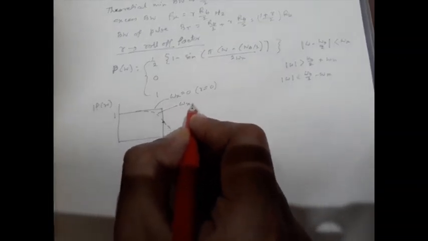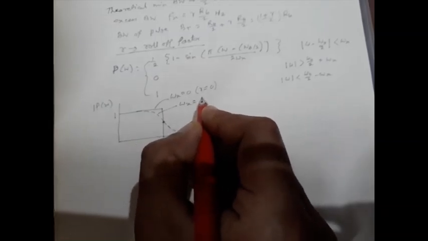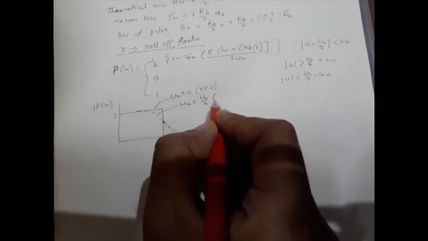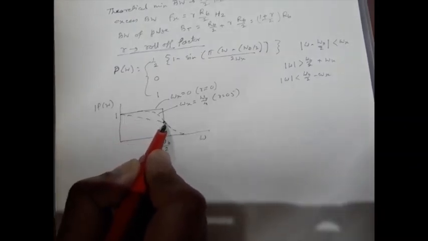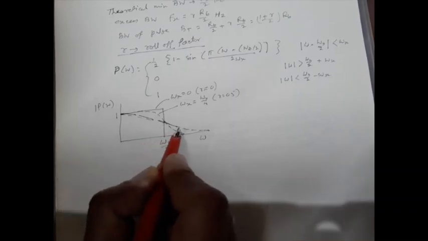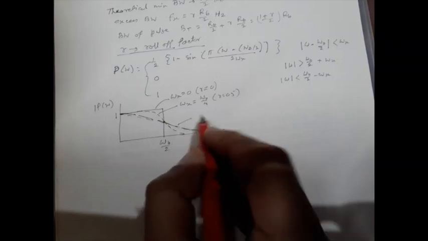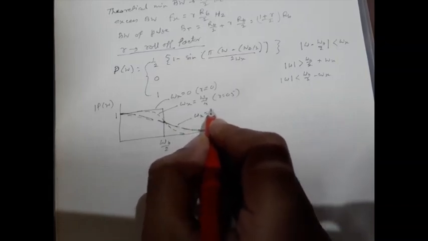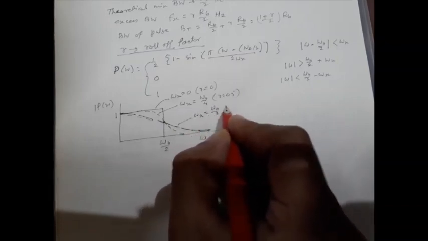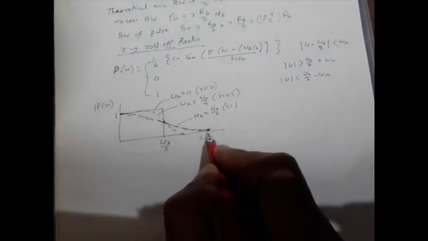Say omega x equal to omega b by 4, that means r equal to 0.5. And this one is for omega x equal to omega b by 2, that means r equal to 1. This is omega b.